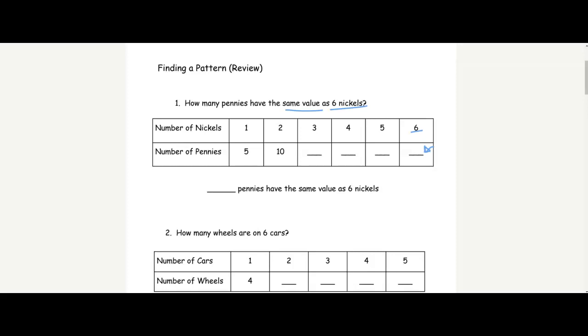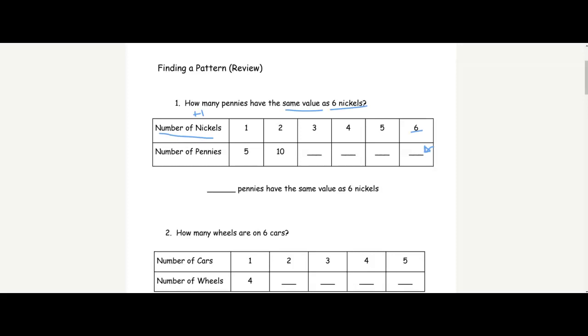So we can see that the pattern rule here, for the number of nickels, is plus 1 every time. And then for the number of pennies, we can use that same rule, except with a different number, of course. So what plus what? What plus 5 equals 10?